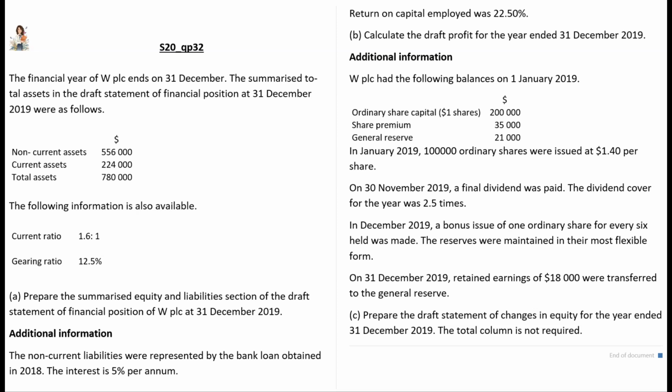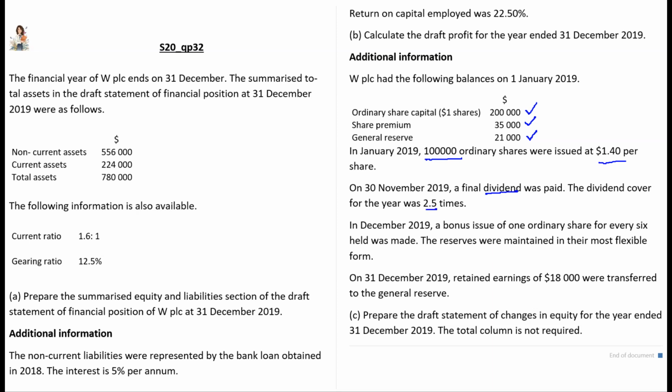Next, we have been provided further additional information. We have been given the opening balances of share capital, share premium, and general reserve. In January 2019, 100,000 ordinary shares were issued at $1.4 per share. On 30th November 2019, a final dividend was paid. The dividend cover for the year was 2.5 times.